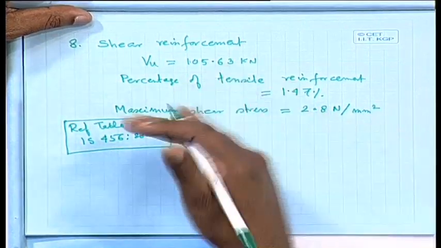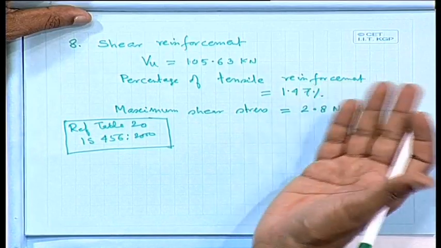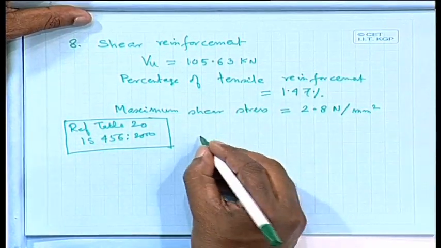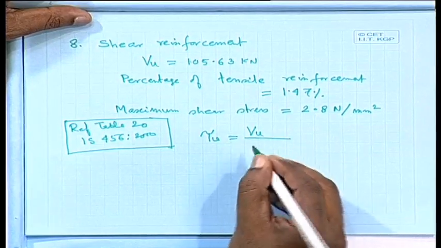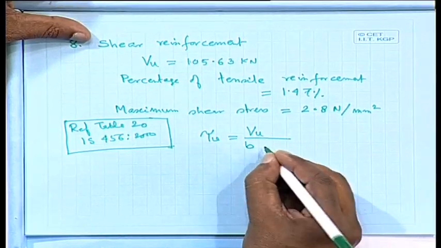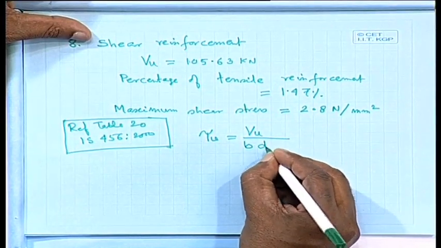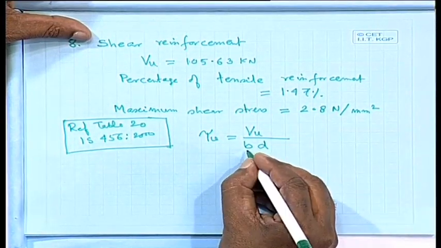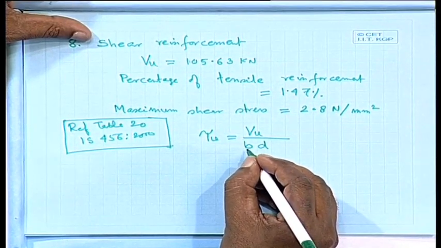That means, if our nominal shear stress comes more than that, then we have to change the section. So, tau v equals Vu by B times d. What about this B? B is the width of the web.